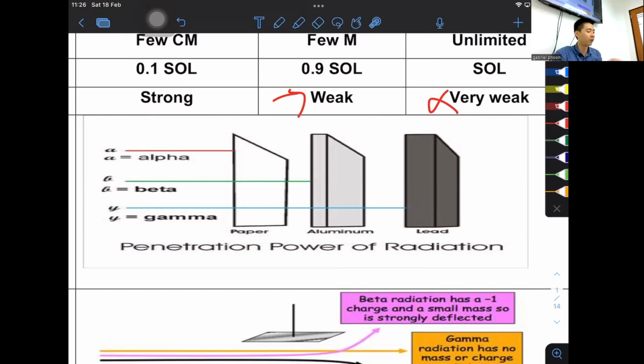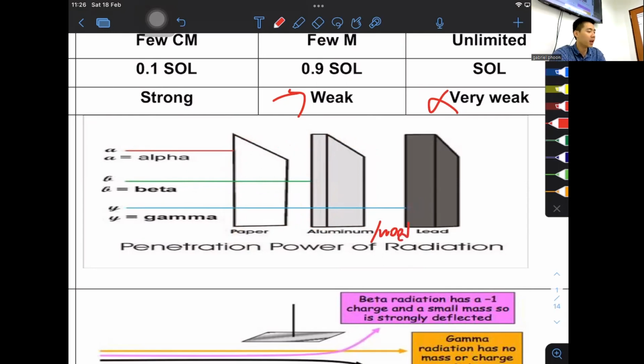Even a small piece of paper is good enough to block alpha radiation. Beta will have relatively stronger penetration power. It will penetrate through paper and usually be stopped by relatively thicker aluminium or even wood. So if you see in the exam a thick piece of aluminium or a thick piece of wood, know for a fact that they are testing your understanding of beta penetration, right?